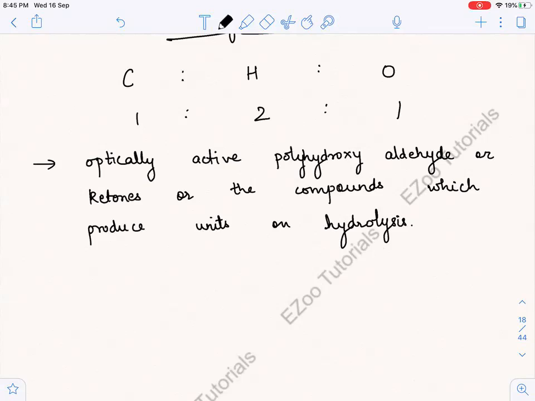Now I'll try so that you may understand this word optically active, because this word causes so much confusion for all the students. Optically active means the compound has one or more chiral carbon. You can obviously ask this from your chemistry teacher, but since we are doing carbohydrates, you should have a basic idea. What is a chiral carbon?